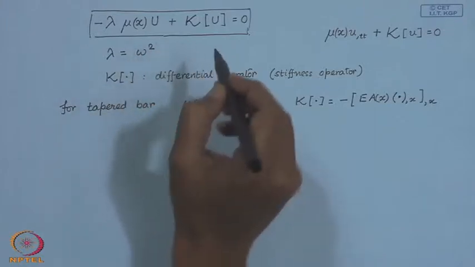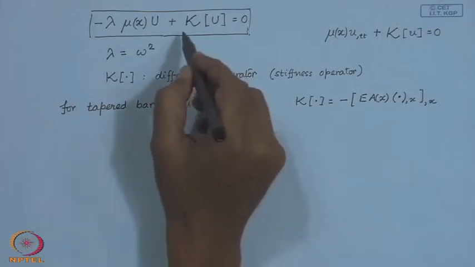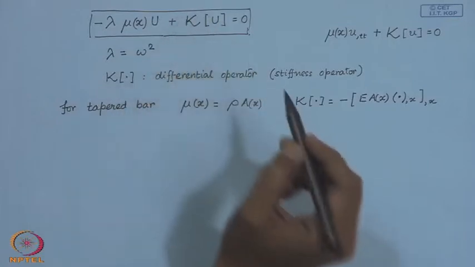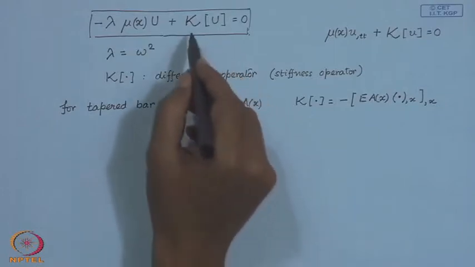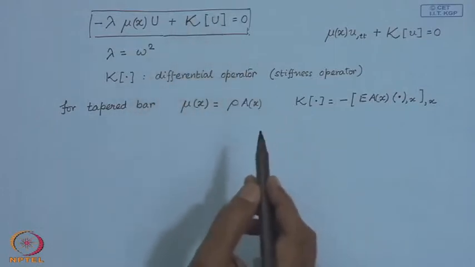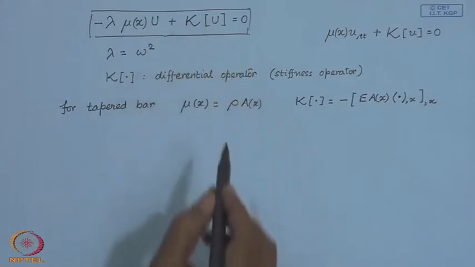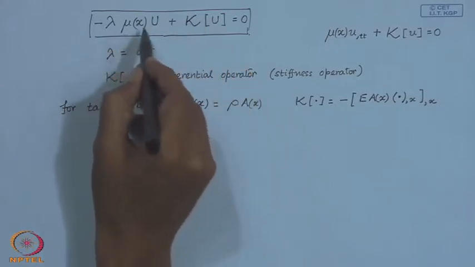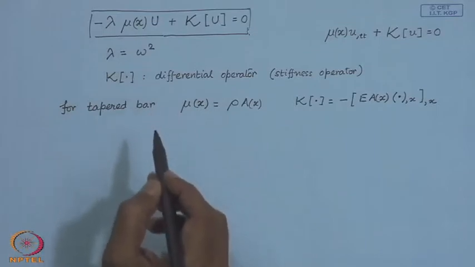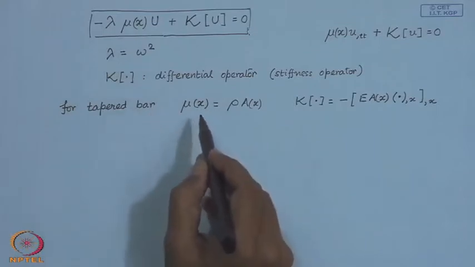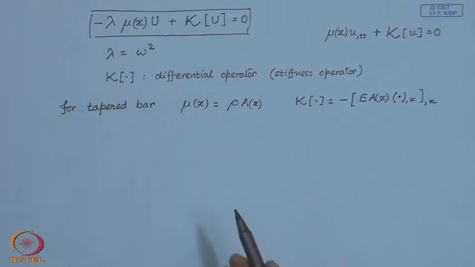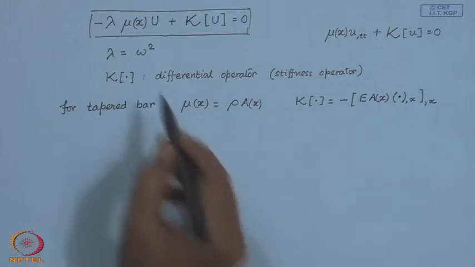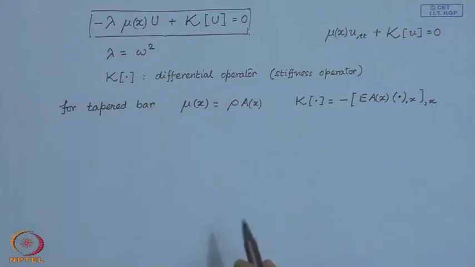Now, here as I mentioned that this is known as the stiffness operator, because this term comes from the potential energy in the Lagrangian formulation, while this term mu of x is the kinetic energy operator, because it comes from the kinetic energy in the Lagrangian formulation.